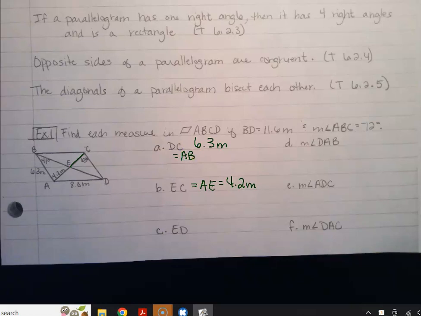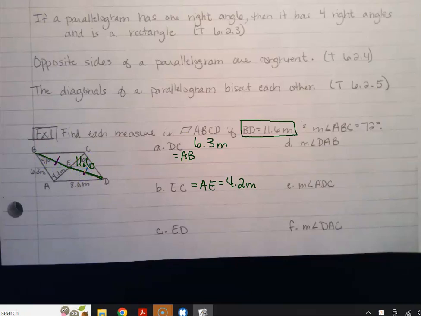All right, how about then ED? 41 is the degrees. That's the angle measure. But we don't have a measure for BE, but we do have this. We know BD, that whole thing, is 11.6. What's half of 11.6? Yes, because we're going to cut it in half because it was bisected.